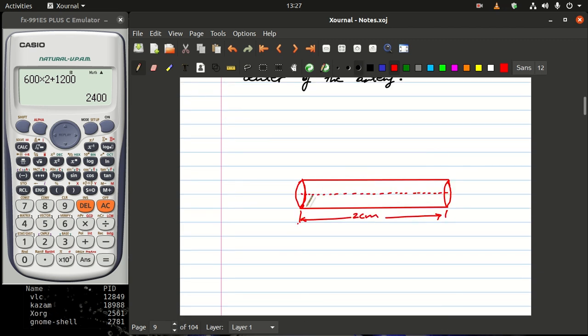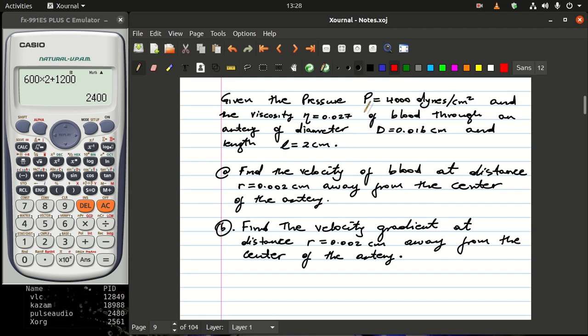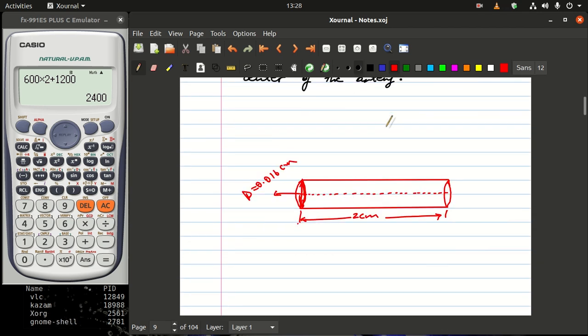The length from here to there, the diameter d, is equal to 0.016 centimeters. And of course, when the diameter is given, the radius is also given, to move from this position to that position. So this radius here, I'm going to call it r, which is just half of the diameter.